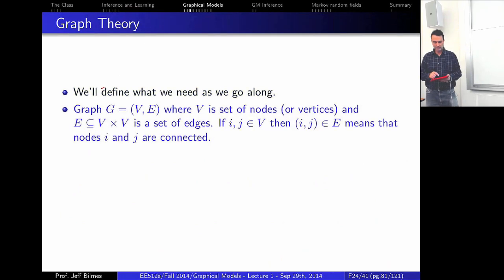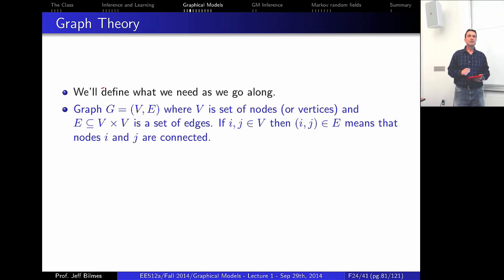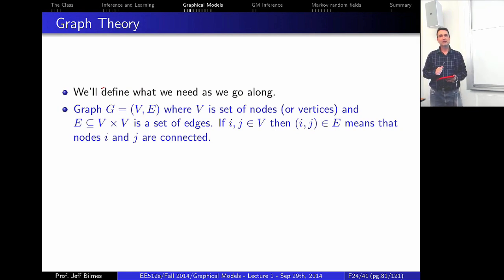So, a graph. Today we're really going to be talking about undirected graphical models or Markov random fields. I think they have the simplest semantics, and they're also widely used in computer vision. So we start with a graph. G is a graph which consists of a pair: V is a set of vertices, and E is a set of edges.